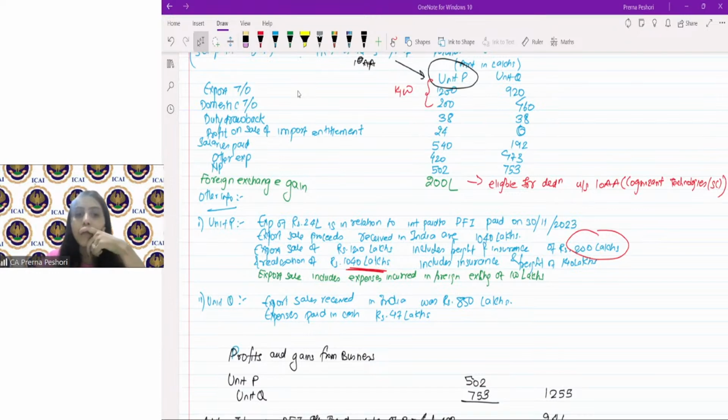Expenses in foreign exchange could be, let's say, bank charges, or some third-party charges which are usually included for the purpose of giving you the credit while making you the payment. So what will happen in that case?